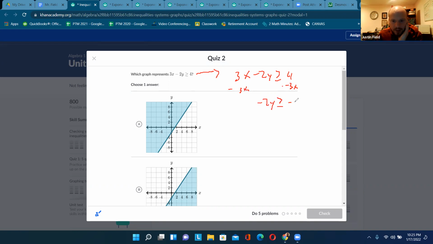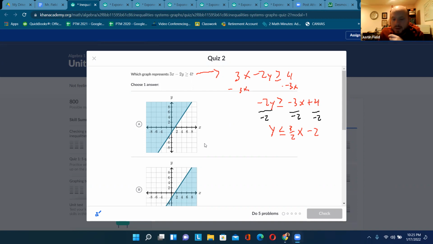Now, do you remember what happens when we divide an inequality by a negative? Very crucial thing here. We're going to flip, right? How many people remember that? So then the negatives cancel out and we get a positive 3/2. And then 4 divided by -2 is -2. Okay, and it's less than or equal to.